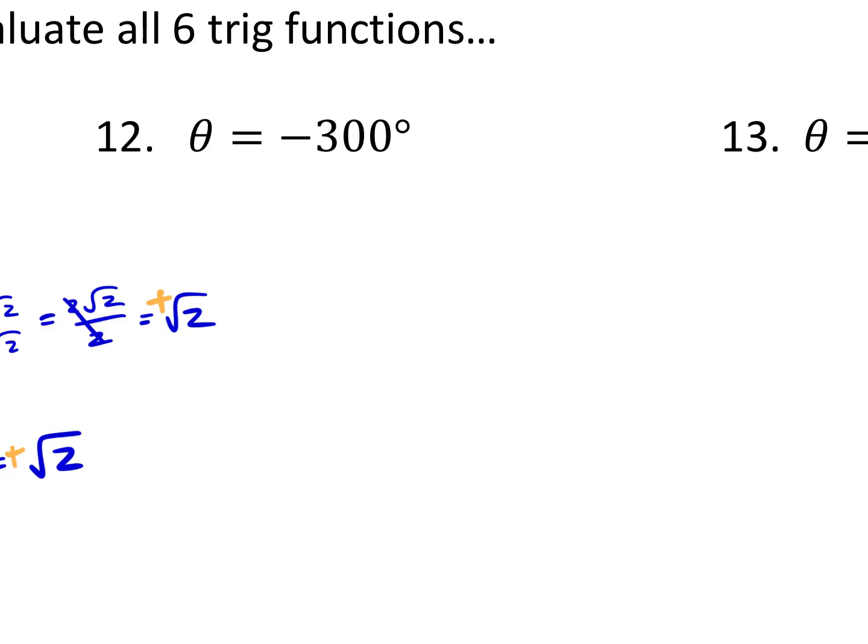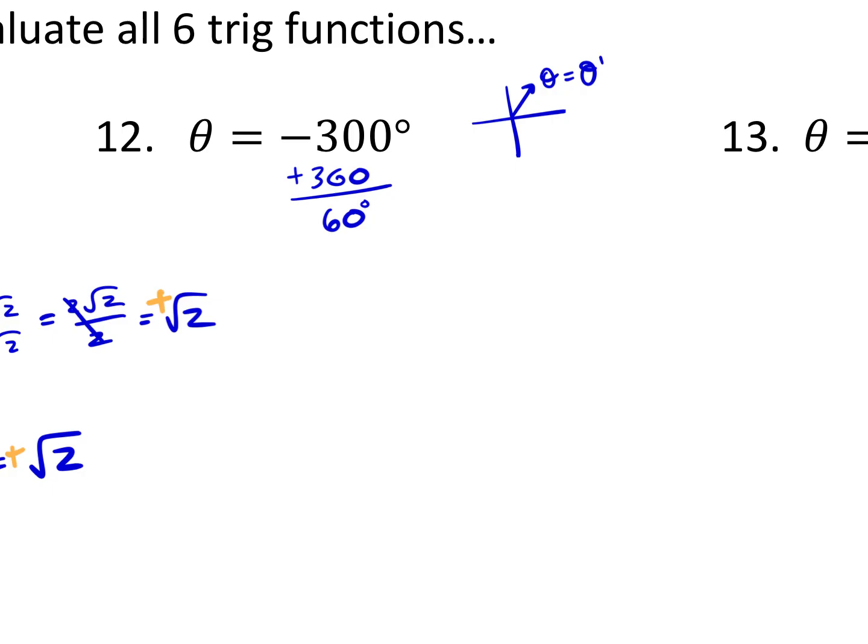So how would we find a positive coterminal version of negative 300? Add 360. So we're dealing with 60 degrees. 60 degrees is in which quadrant? The first. So our reference angle is the same as our theta, which is 60 degrees.